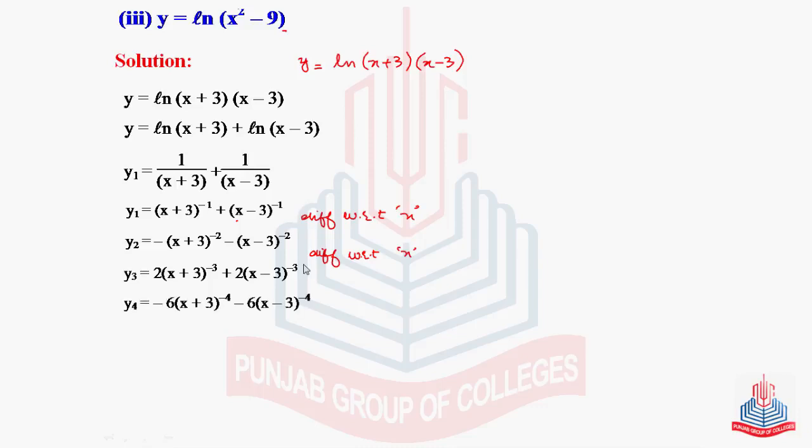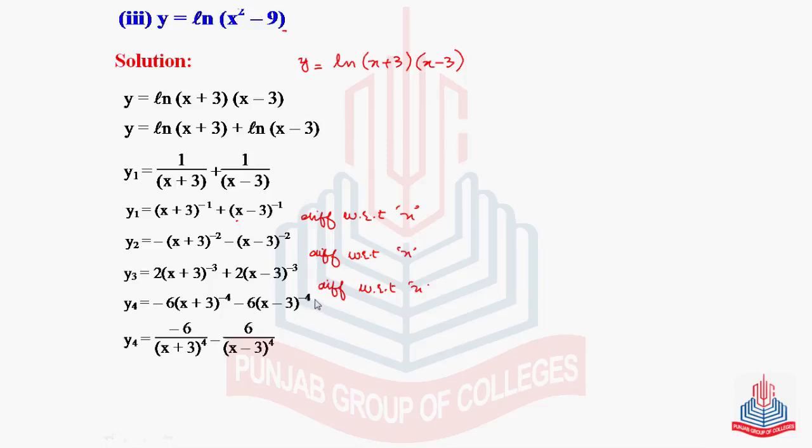Again differentiating with respect to x to find y4. So y4, by using the power formula, is minus 3 multiplied by 2 and x plus 3 raised to the power minus 3 minus 1, which is minus 4. Similarly minus 3 multiplying by 2 will become minus 6, and x minus 3 raised to the power minus 4.